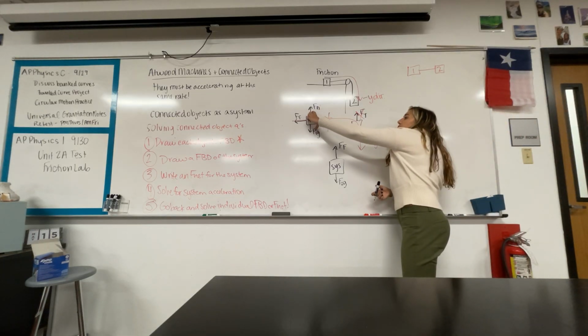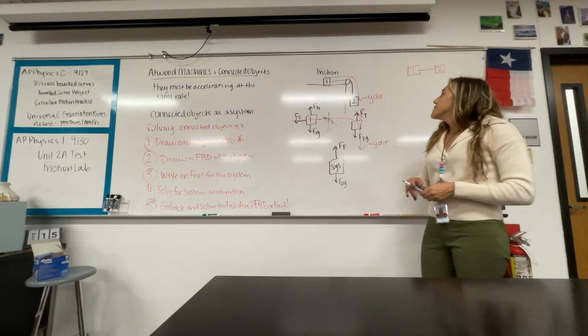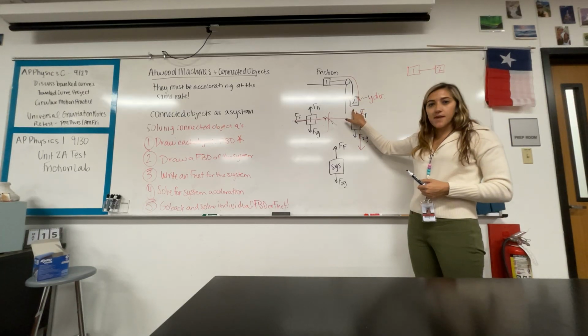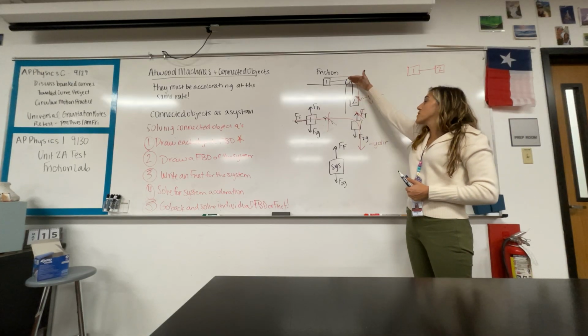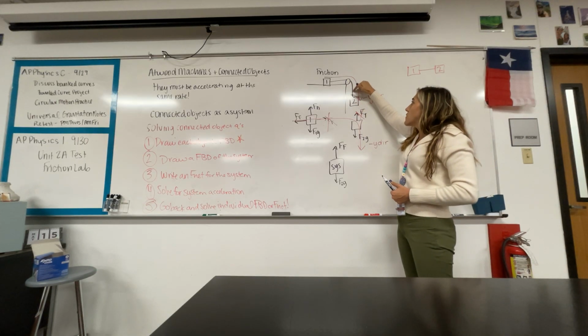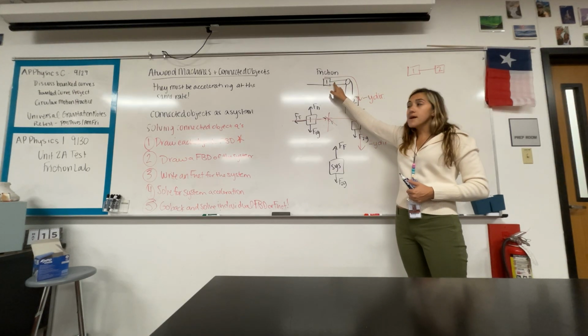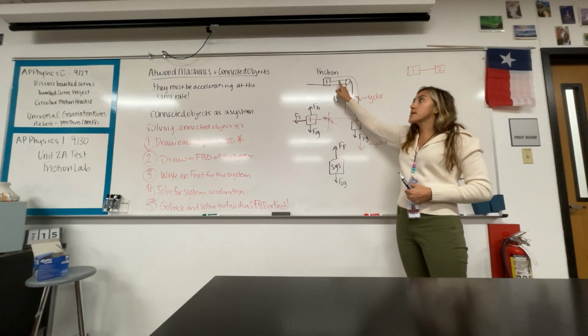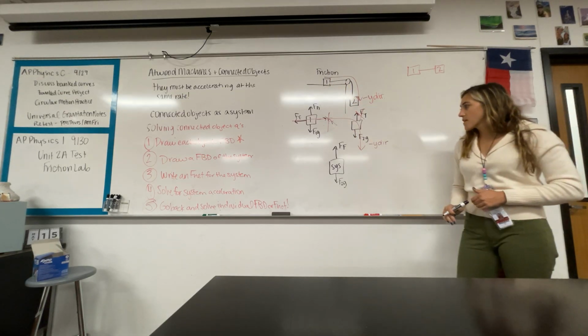Fn and Fg from block 1 are not in the direction of my system. Block 2 is not pulling them that way. The pulley turns the force of tension, so this is only affecting the horizontal component of 1, right? The pulley changes its direction, but it's still only affecting the horizontal, not the vertical.